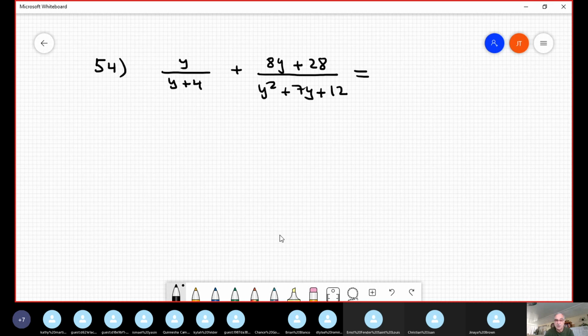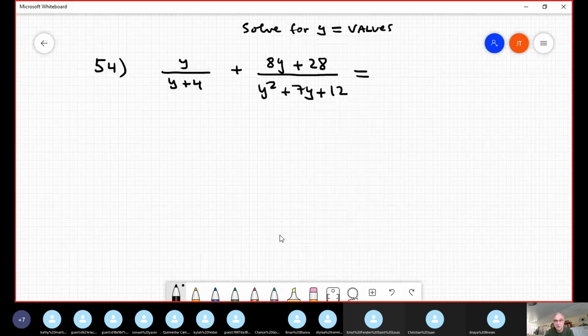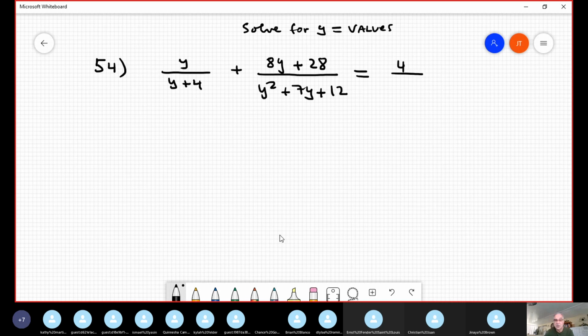You see the equal sign, that means it's an equation. When it's an equation, you solve for y. In other words, you need to find the y values that satisfy this equation. It's not simplification, it's manipulation. I copy right? Okay, I copy right.